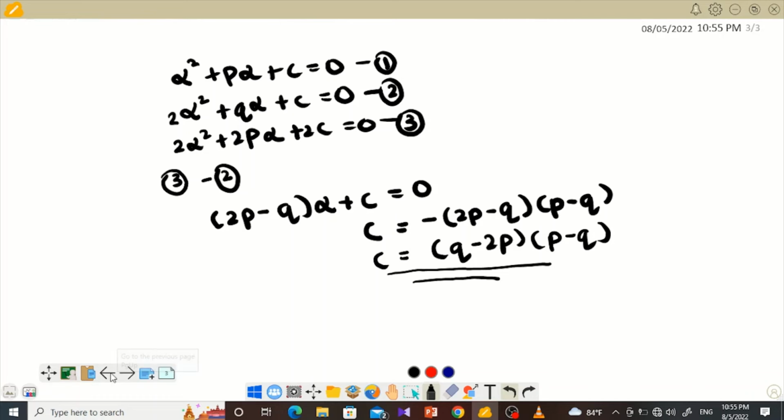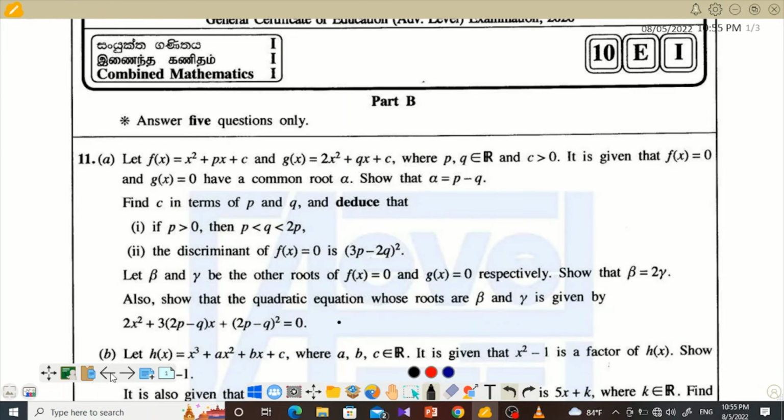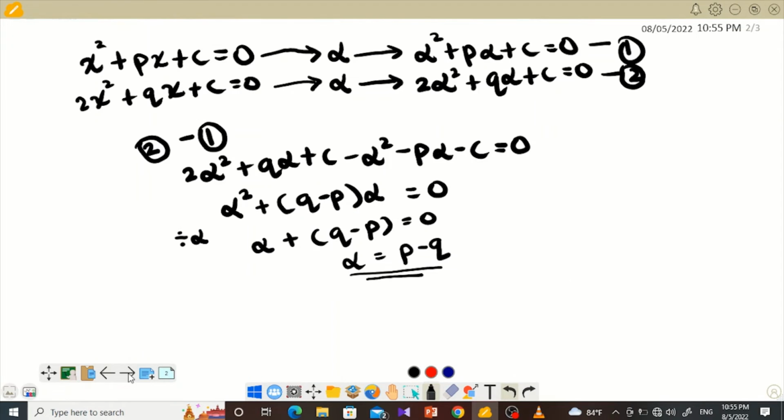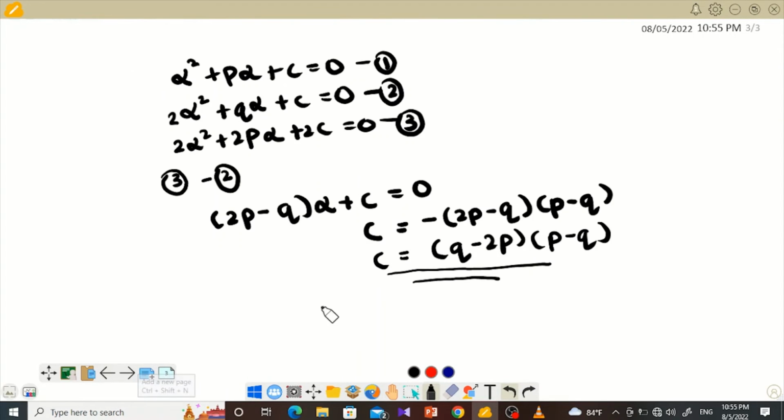Okay, next part. They are given some inequalities to show. For that, I am using my c value. They gave that c is a positive number. My c value is c equals (q minus 2p) into (p minus q).